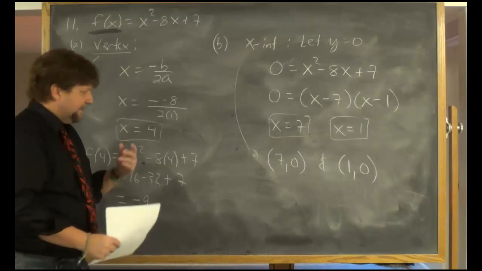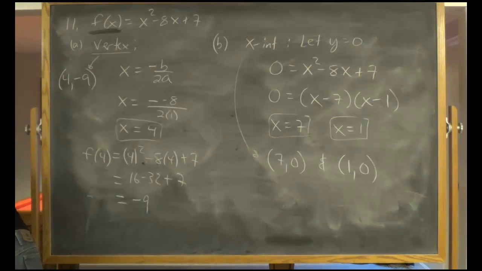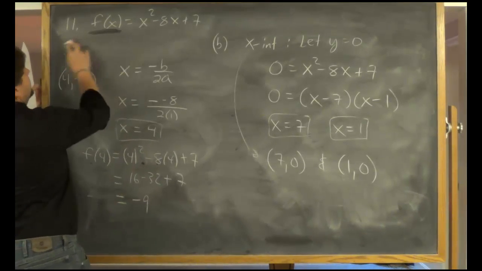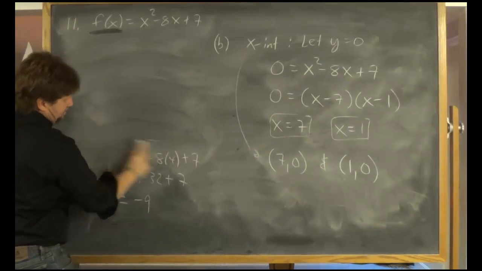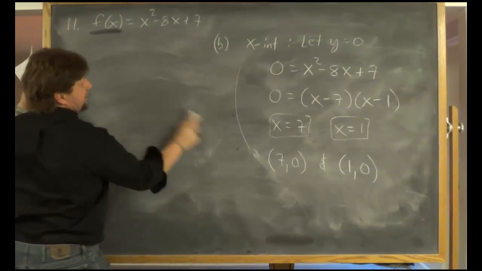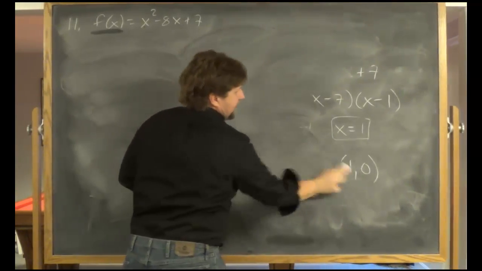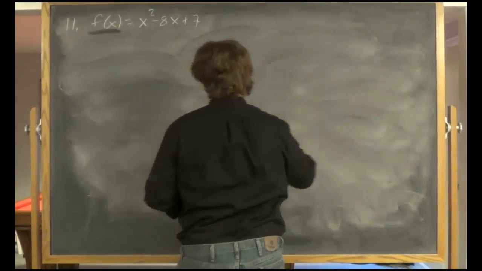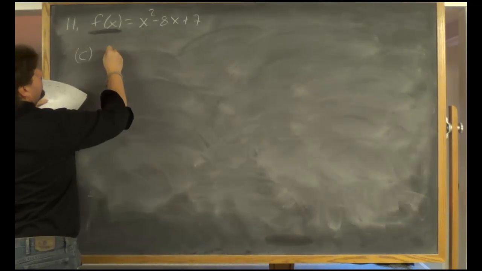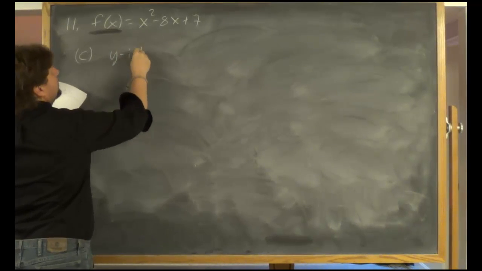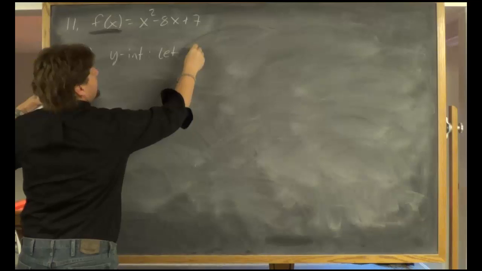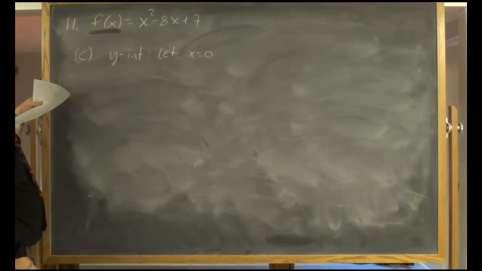So now to move on to part C, I'm going to have to do a little erasing. And part C, we're asked to find the y-intercept. Well, just remember, to find the y-intercept, you're going to let x equal 0.